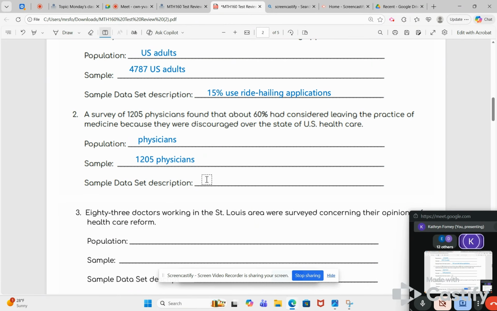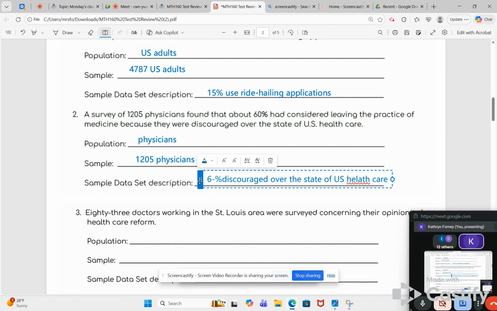And so the description is, or actually, let's say that 60% considered leaving.